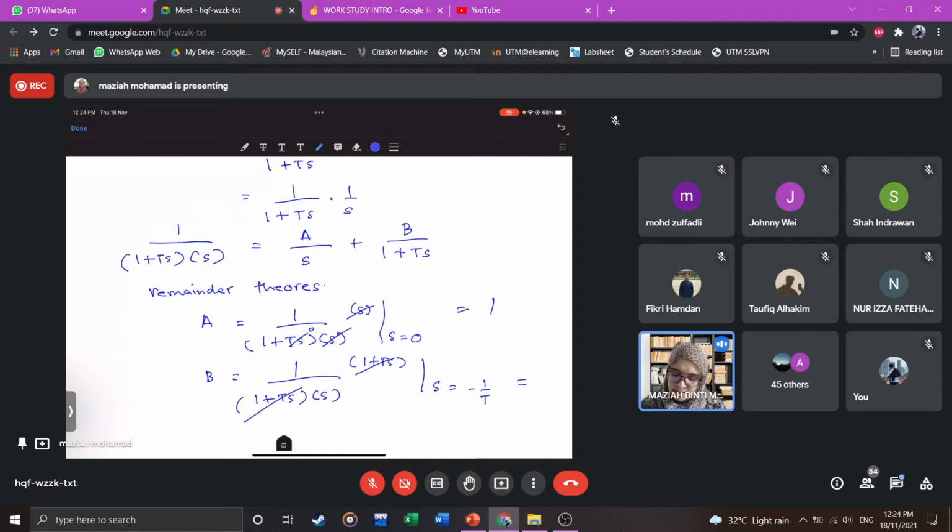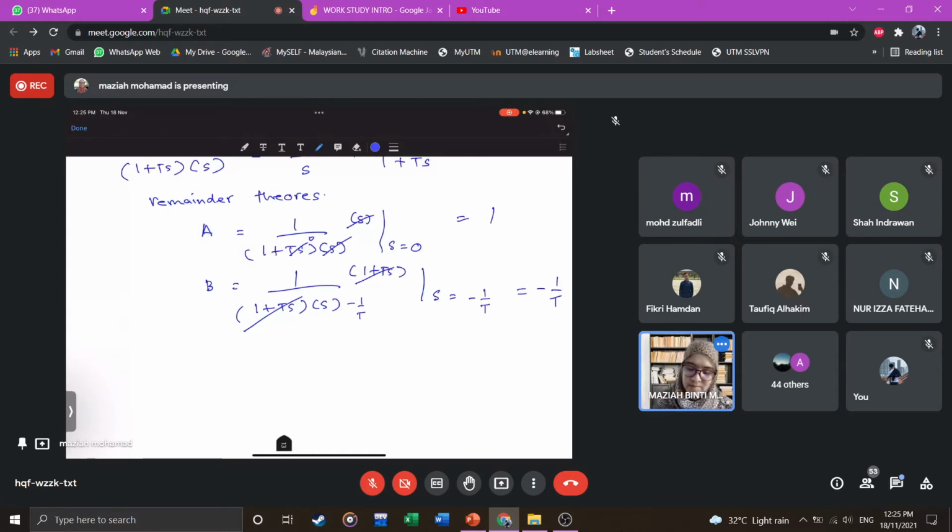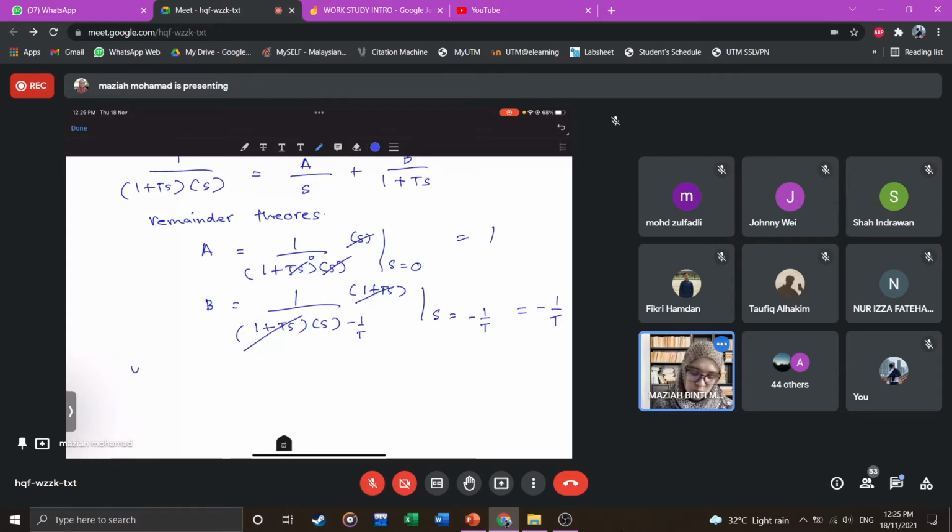B is negative 1 over t. Negative 1 over t times negative t? Negative t. Negative 1 over t times t? Check. Okay, so Y(s) is equal to 1 over s minus t over 1 over t.